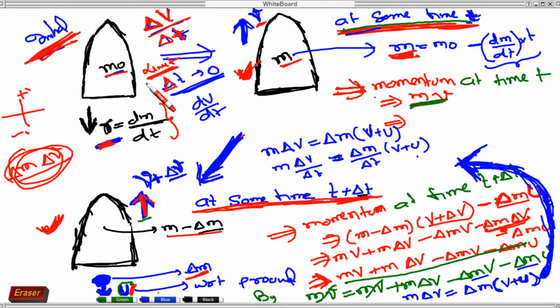Means when this delta t is so small that it's not 0 but near to 0, we call it a differential element. You will come across this in your limit section, which is a separate chapter in your maths calculus section.